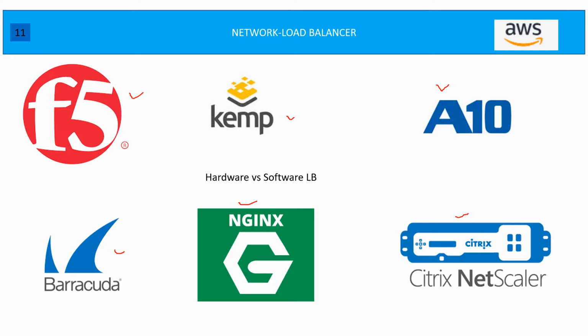Some of them you can go for hardware-based load balancing, and some of them you can go for software-based load balancing. Whether you are on-prem or on the cloud, you can also deploy the software version of this load balancer. For example, F5 comes with hardware also, and if you want the same functionality, you can deploy it on cloud. Same thing with others.